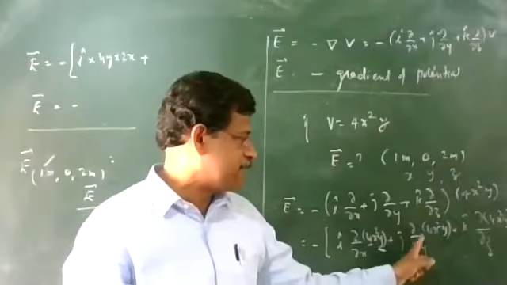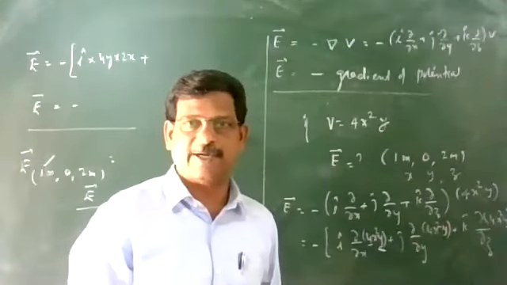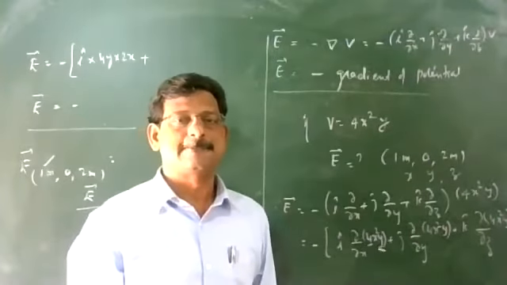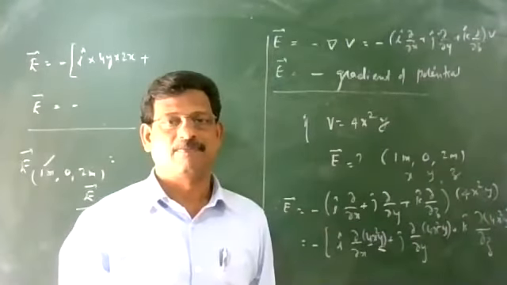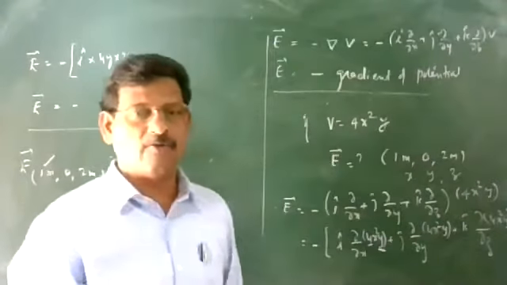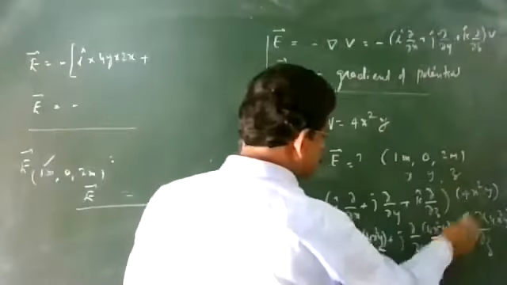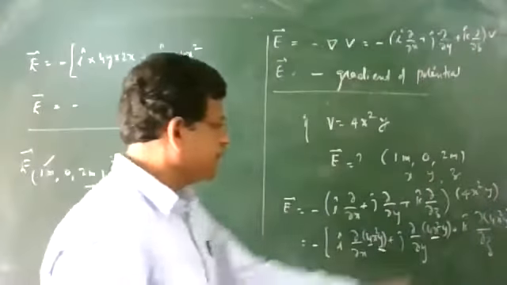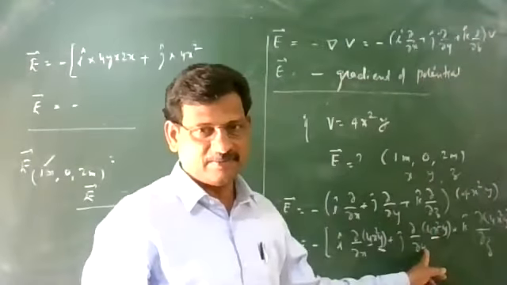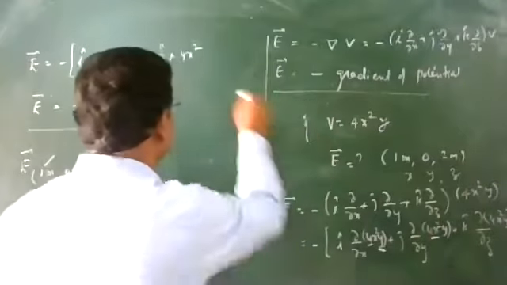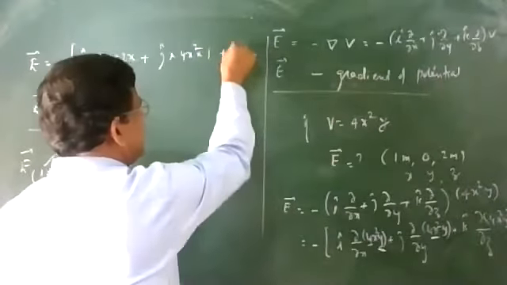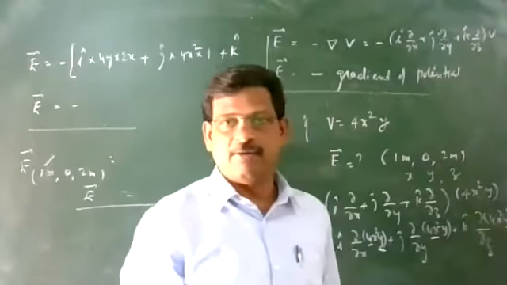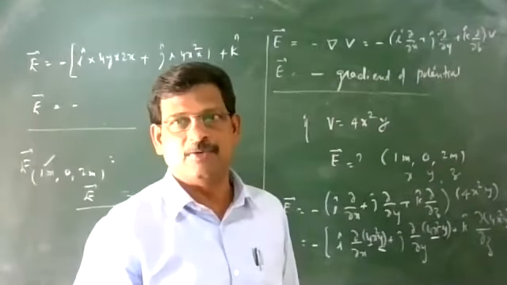Second term, j d by dy of 4x square y. Here 4x square is a constant, so 4x square comes outside. J cap into 4x square, derivative of y with respect to y. Partial differentiate with respect to y, that is 1. Plus k cap d by dz of 4x square y. What will be its value?